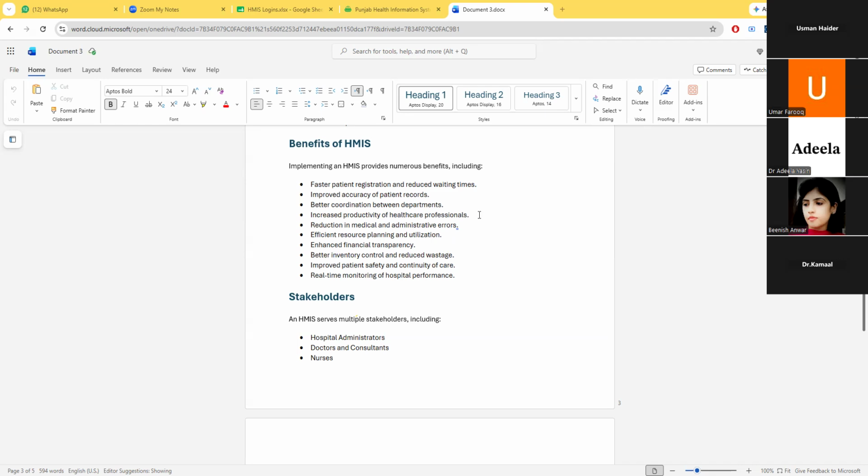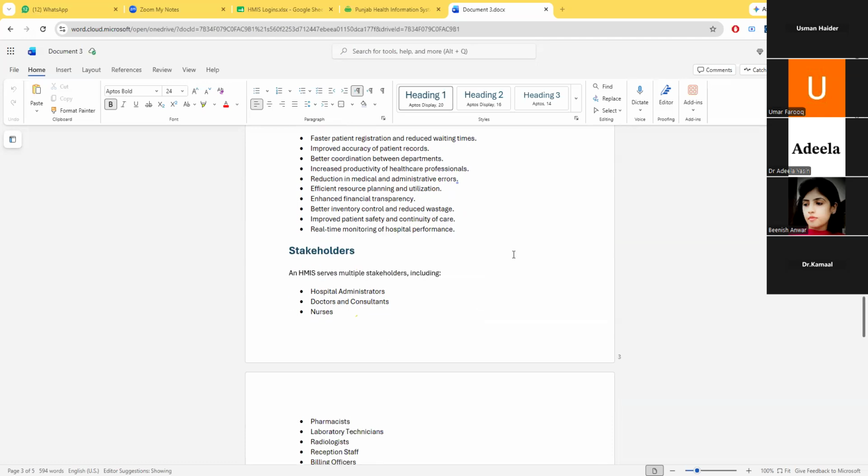So, increased productivity of healthcare professionals, reduction in medical and administrative errors, efficient resource planning and utilization, enhanced financial transparency, better inventory control and reduced wastage, improved patient safety and continuity of care, real-time monitoring of hospital performance, that is, which hospitals are performing well and which are below the parameter of the performance evaluation.